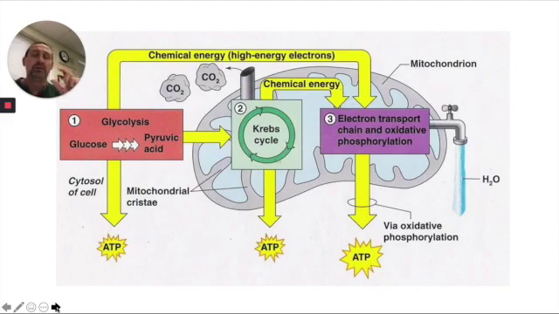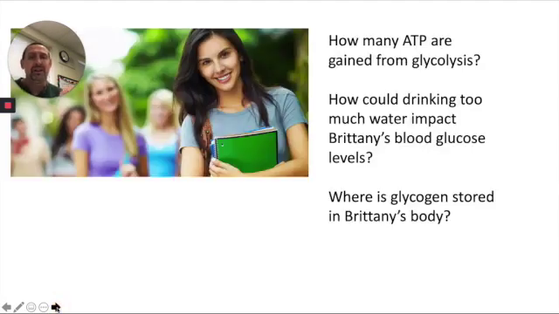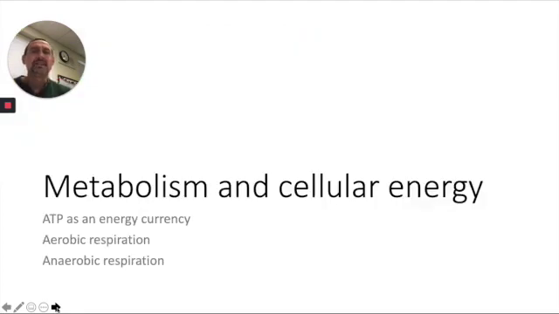But what we're looking for is that pyruvate, or pyruvic acid, that half of a glucose molecule. What happens to it? In the mitochondria, that's where we're going to use it, and we're going to get some ATP from it. So again, look back at these questions and see if you can answer some of them. So that's ATP as energy currency.